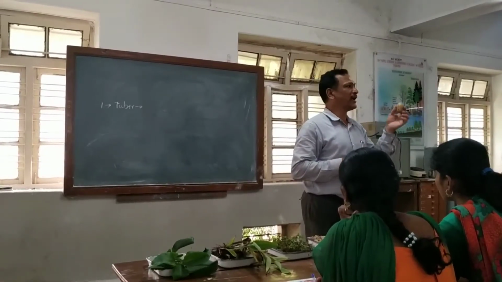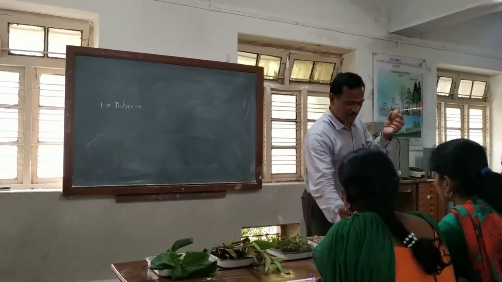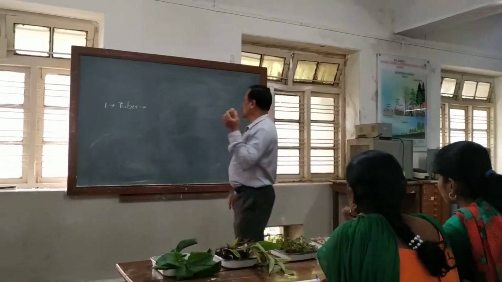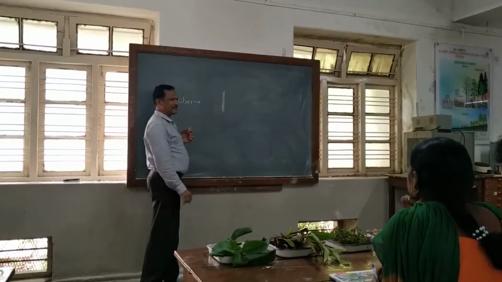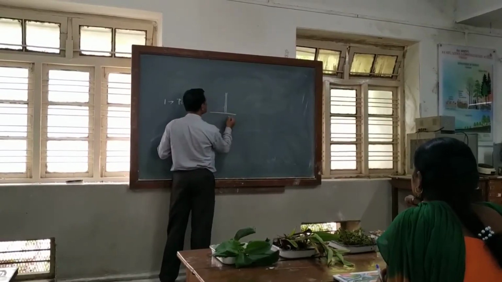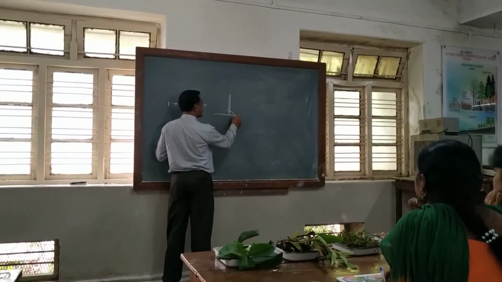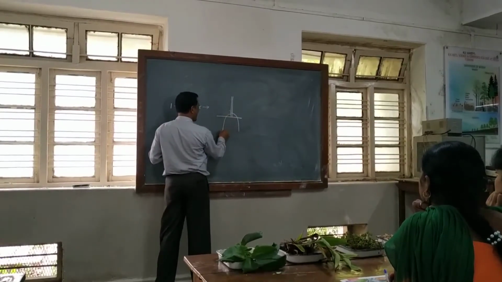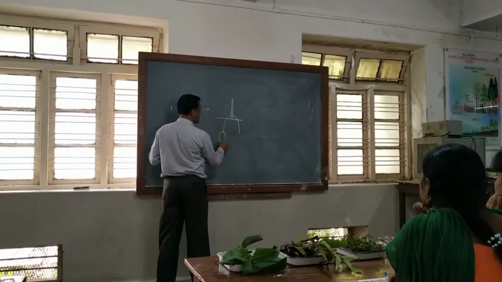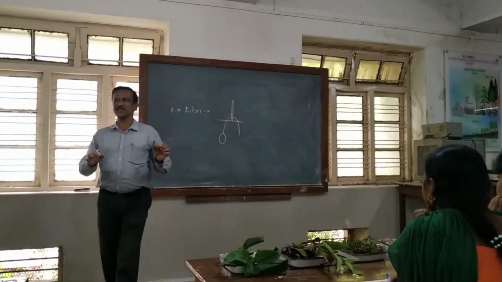Therefore, it is called a tuber, a stem tuber. To look at the development here, this is the plant and this is the soil surface. These lower branches directly go into the soil, and the terminal portion swells in the form of a tube-like structure.